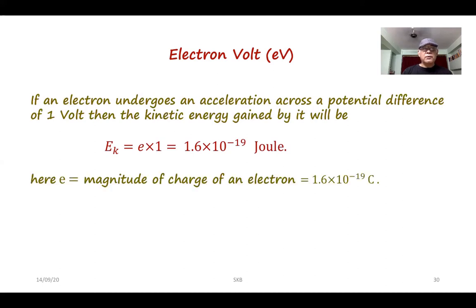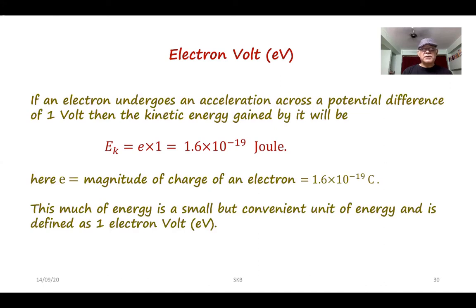Here, e equal to magnitude of charge of an electron equal to 1.6 into 10 to the power minus 19 coulomb. This much of energy is a small but convenient unit of energy and is defined as 1 electron volt, in short, eV.